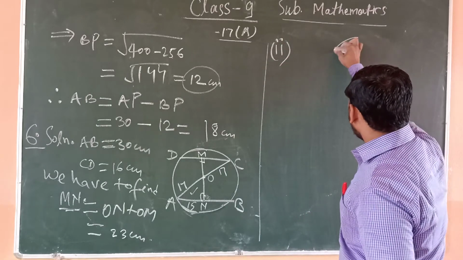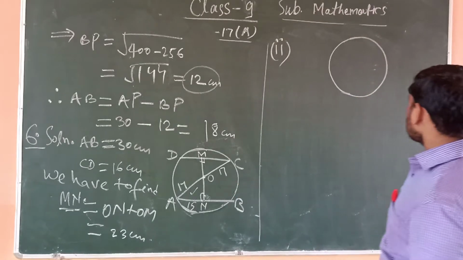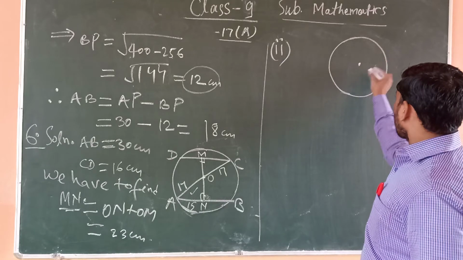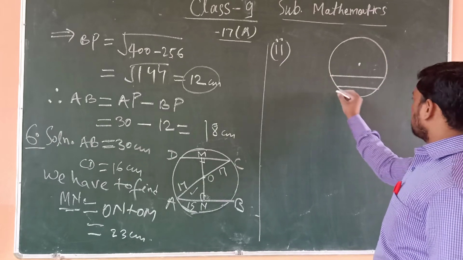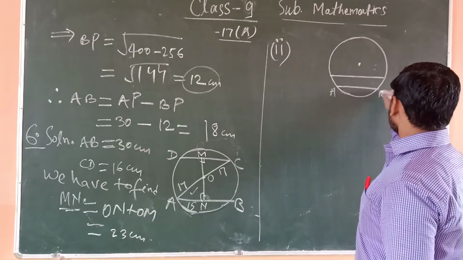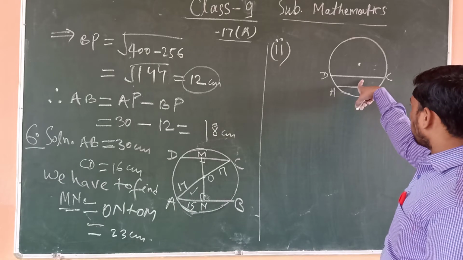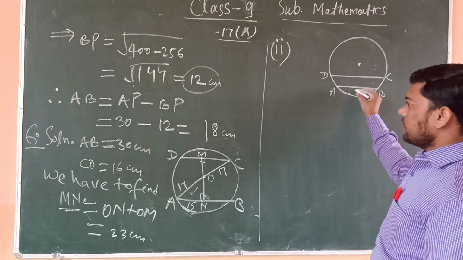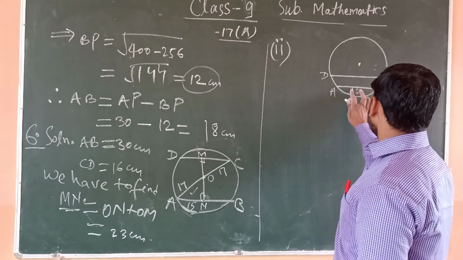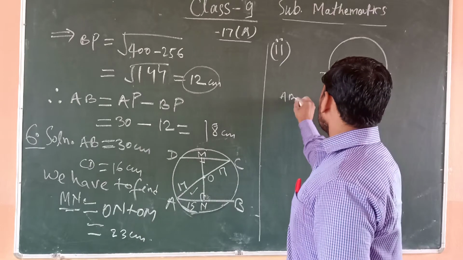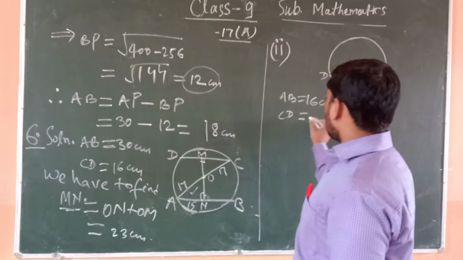If chords are on the same side of the center, AB, CD. Here AB is smaller than CD, so AB will be 16 centimeter, and CD 30 centimeter.